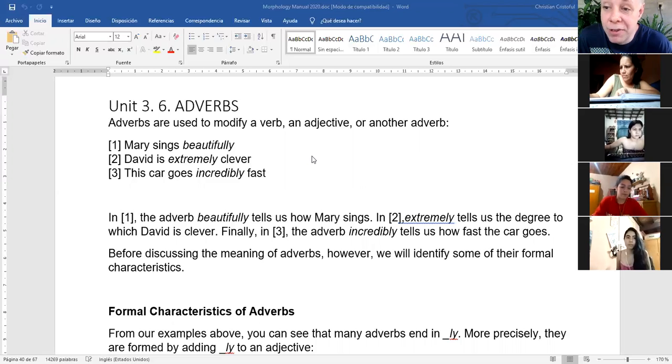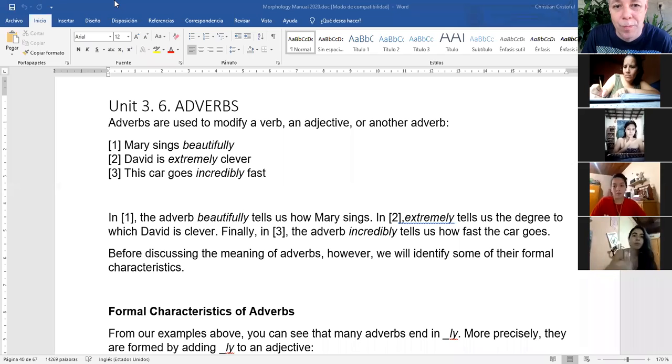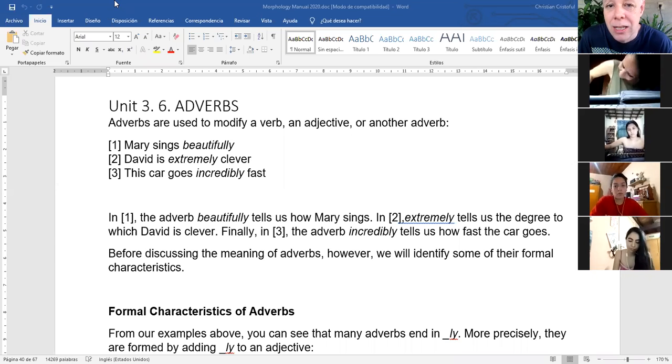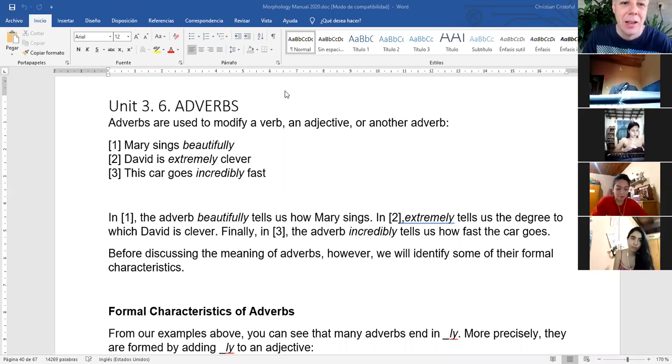Adverbs modify verbs, adverbs modify adjectives, and adverbs modify other adverbs. That's what adverbs do. So anything that modifies a verb, an adjective, or an adverb is called an adverb. Okay. So look at the examples in the manual.